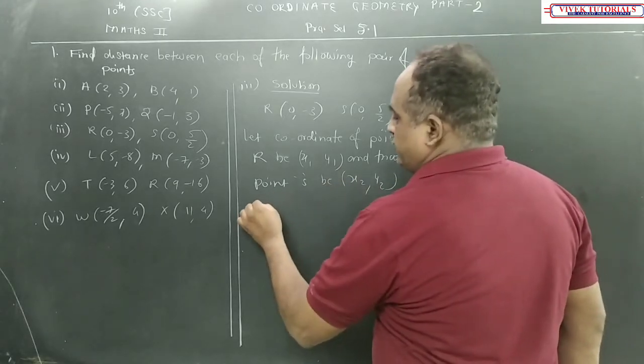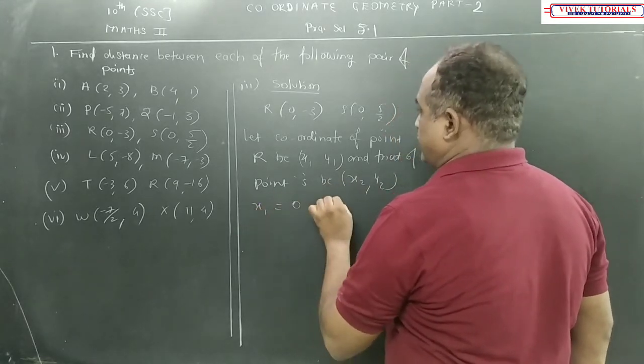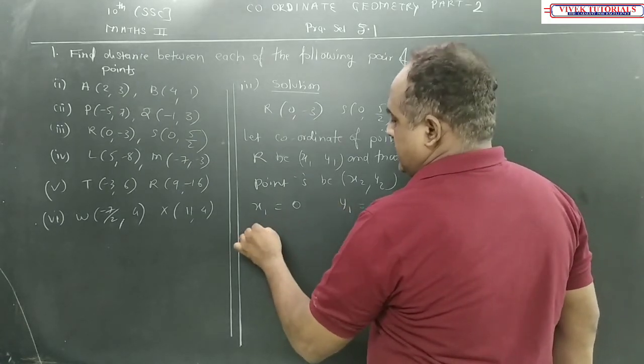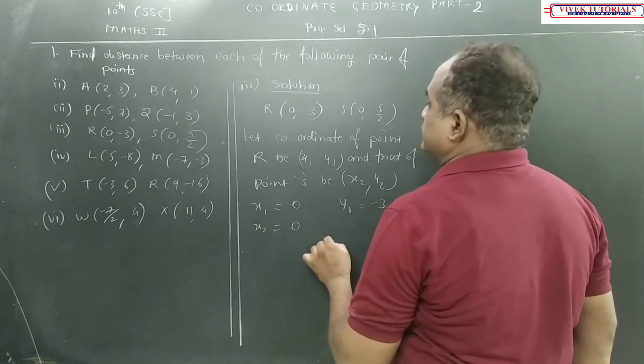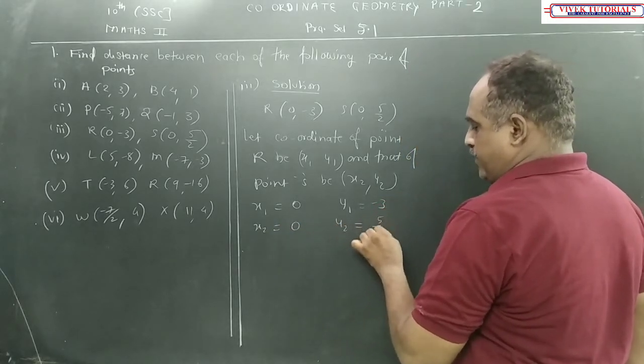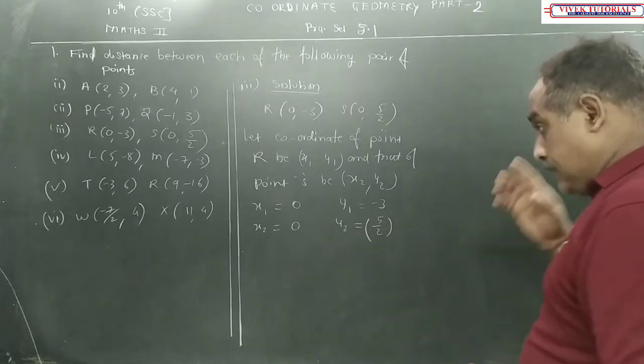So x1 is equal to 0, y1 is equal to -3, x2 is equal to 0, y2 is equal to 5/2.